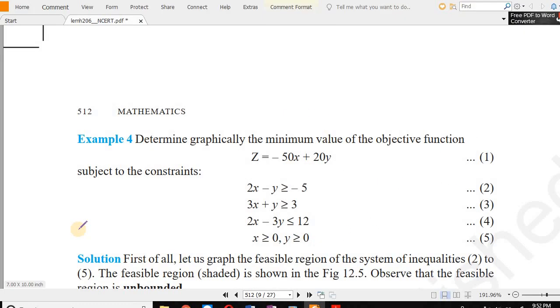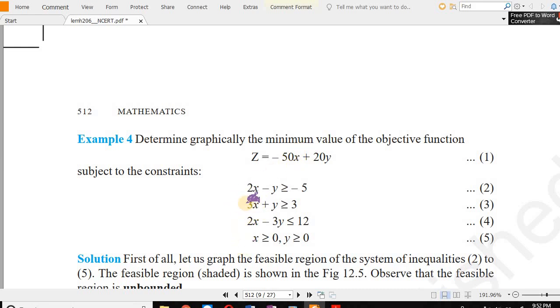All right, let's go on to another example where we have an objective function here, z equals minus 50x plus 20y. This one has a positive slope. I guess it's going to have slope 5/2. You can work it out. And then here we have different constraints.